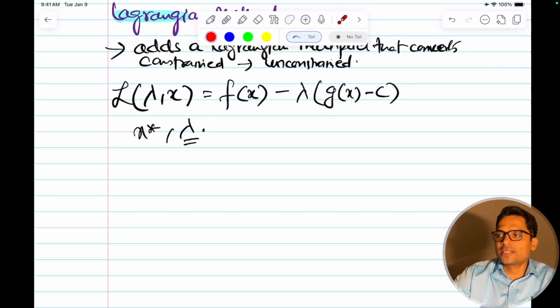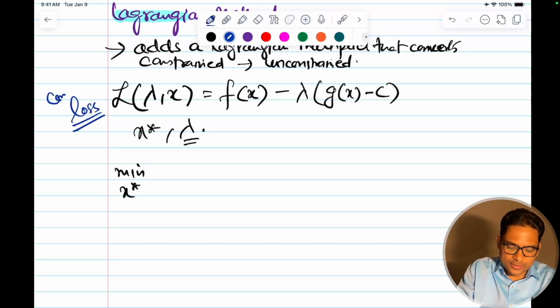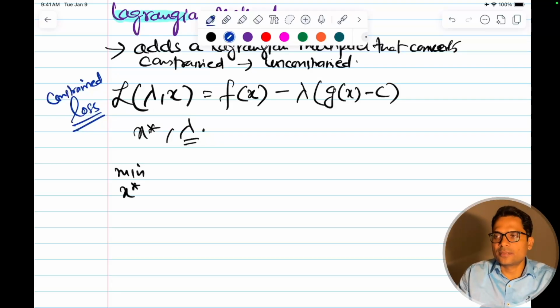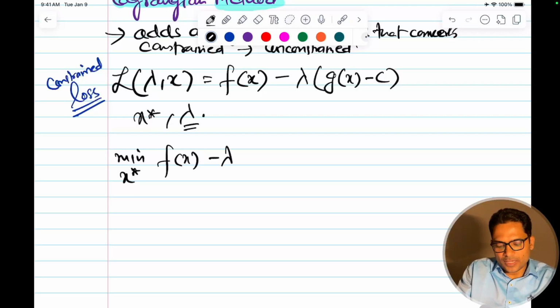So now the constrained optimization will become: minimize x star. This is my new loss function, the loss function with the constraint and the Lagrangian lambda. So minimize x star f of x minus lambda times g of x minus c.